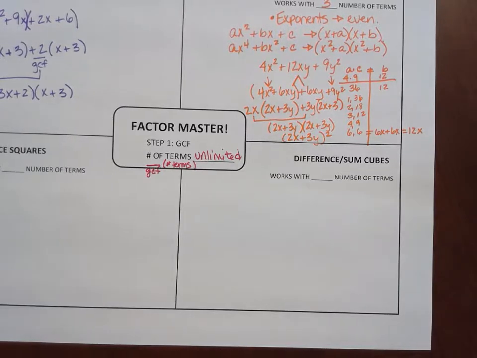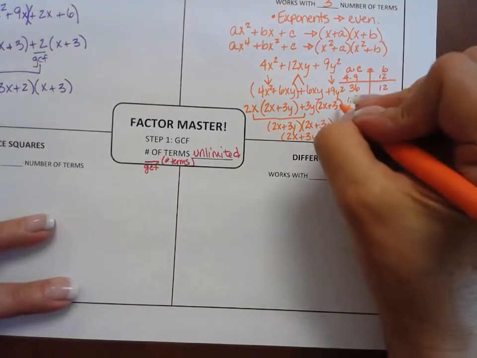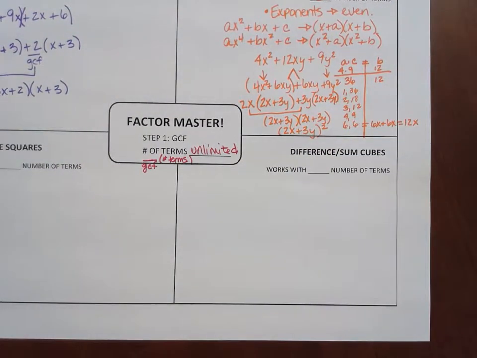Oh, I did forget the y, didn't I? I'm sorry. My apologies. Thank you for catching that. Okay. How do you feel about those? Good? Everybody's shaking their head. Awesome.